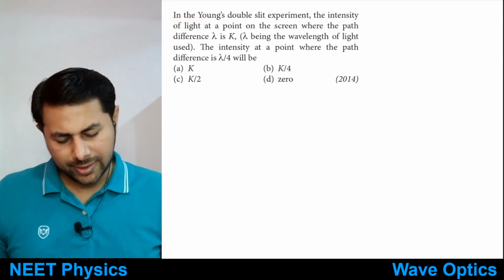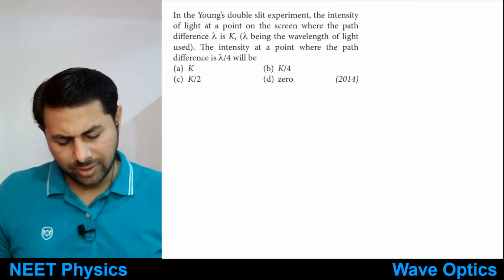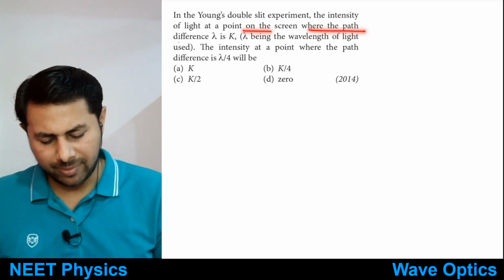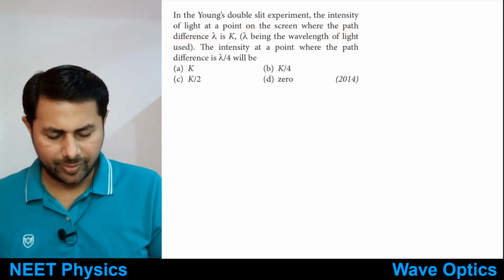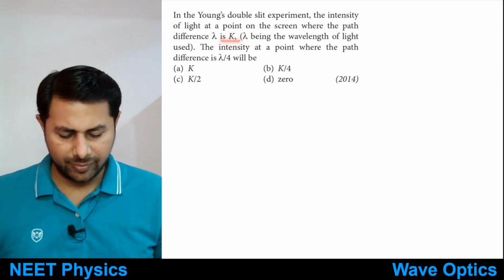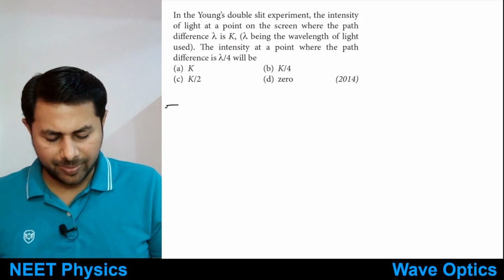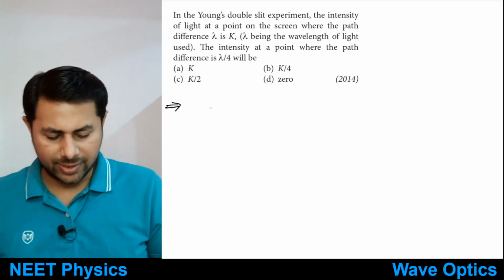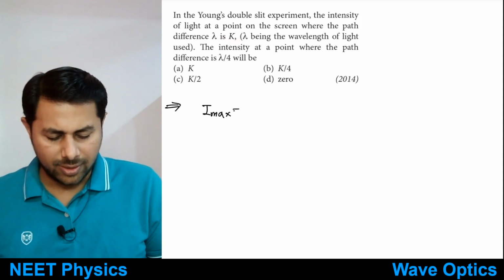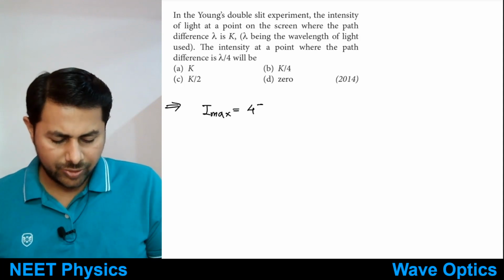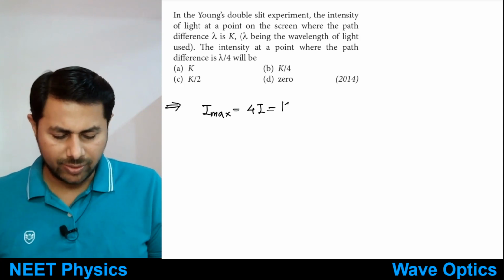In the Young's double slit experiment, the intensity of light at a point on the screen where path difference is lambda is k. This is maximum intensity, right? For path difference of lambda, we have maximum intensity. So I max, which would be equal to 4I, is equal to k.